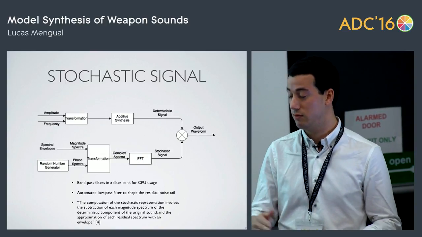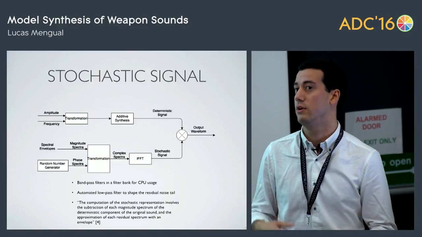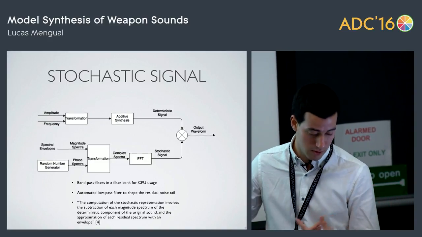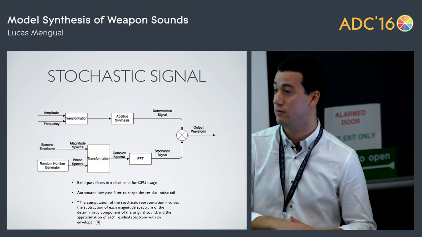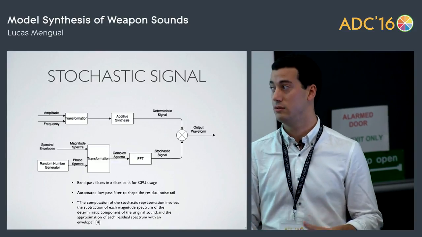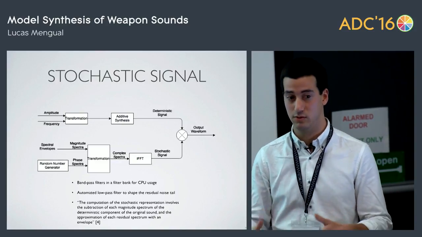I'm taking out, with different filters, where the modes were playing, and I used a filter bank, so it saves CPU. I made the amplitude envelope of the noise using a low-pass filter, to shape the noise tail corresponding to the sample.